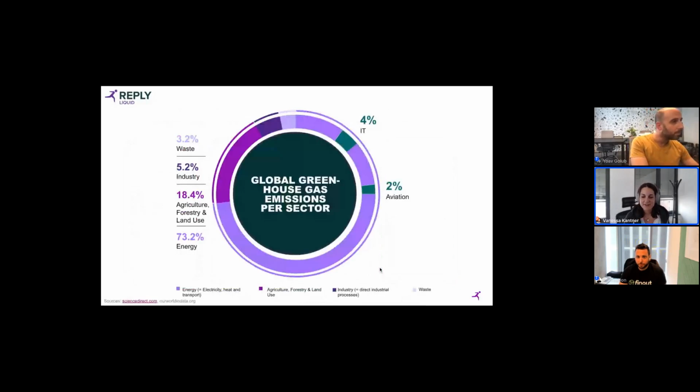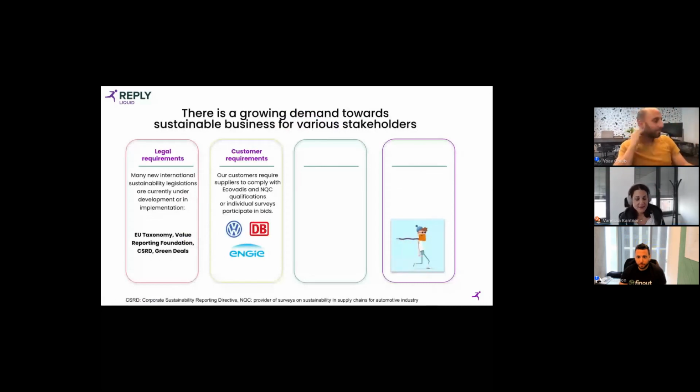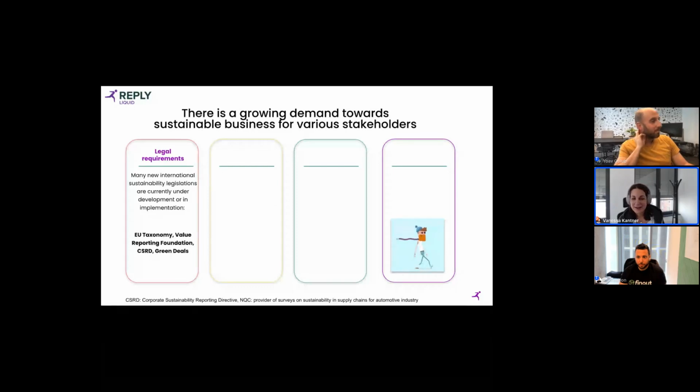On the next slide, we see that there are a couple of different pillars when it comes to sustainability that are relevant for us as companies. First one is legal requirements. In the last years, a lot of different legal requirements were developed and are now being implemented, not only in the European Union, but also worldwide. But focusing on the European Union, there is the EU taxonomy. It says that companies have to disclose and report on their environmental activities, as well as the impact that has on their numbers.